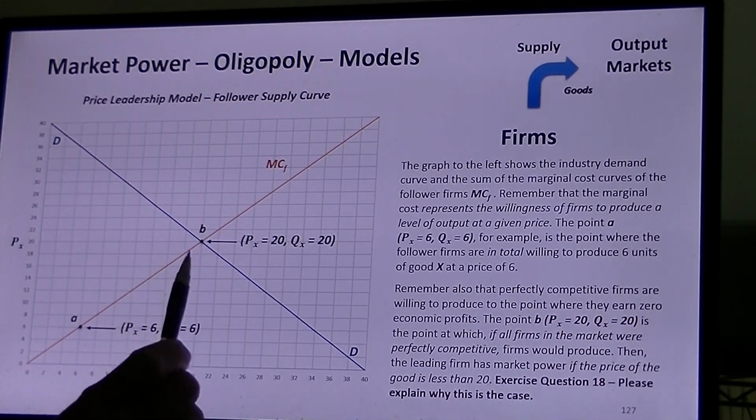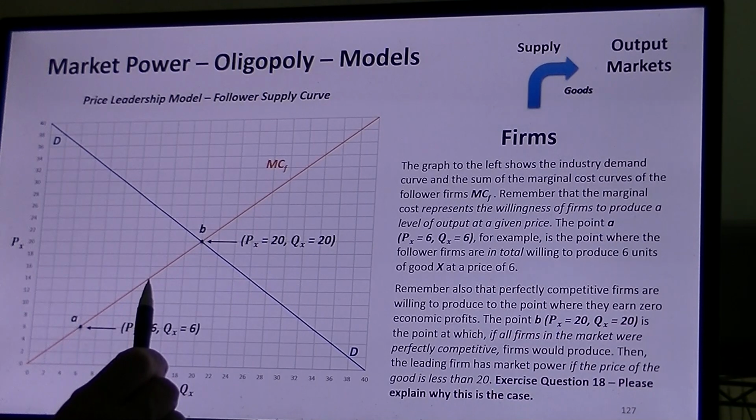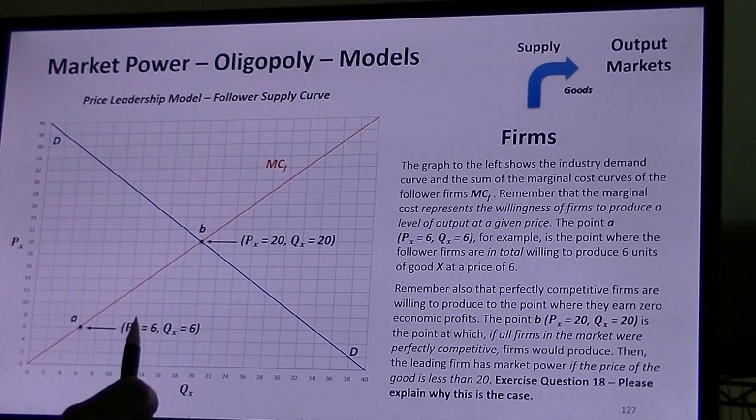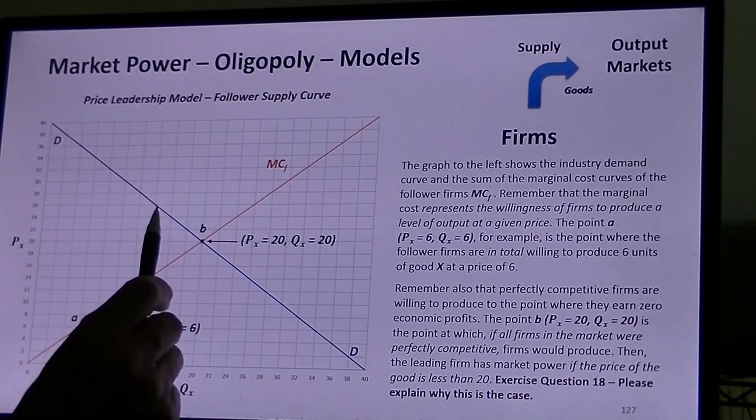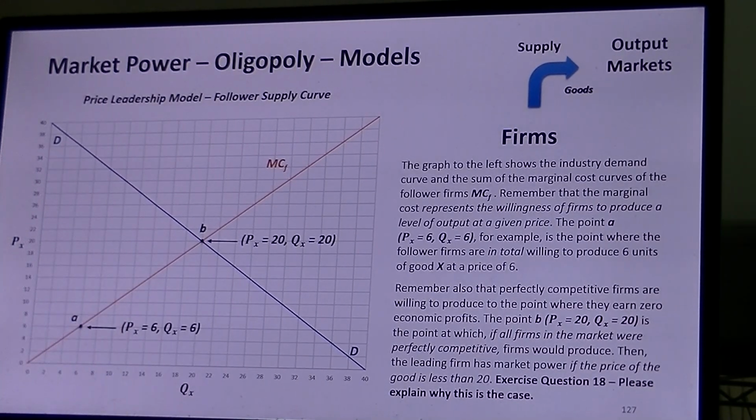Again, we come down here. If the price is 14, the follower firms are willing to produce 14 units. The market is willing to buy 26. The firm has market power over 12 units. So now you can see that, interestingly, the lower the price, the more market power.